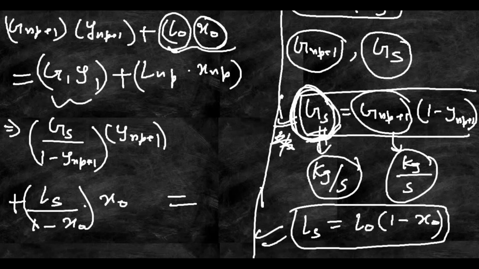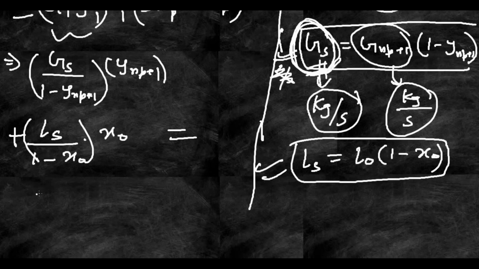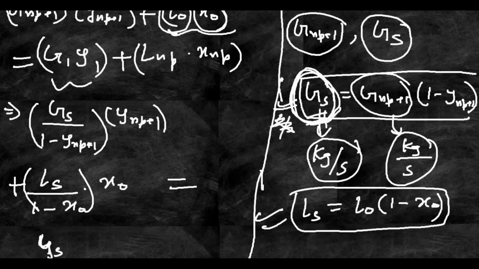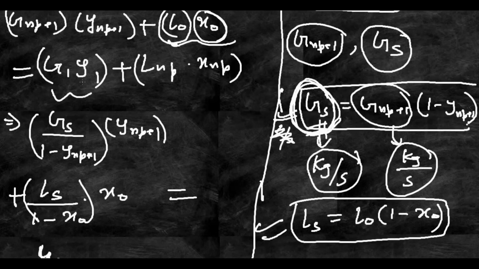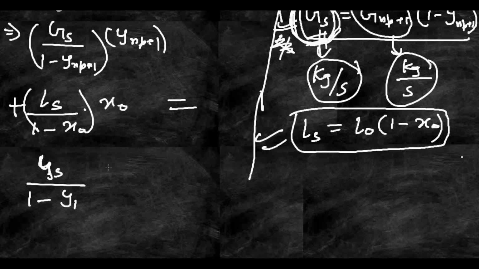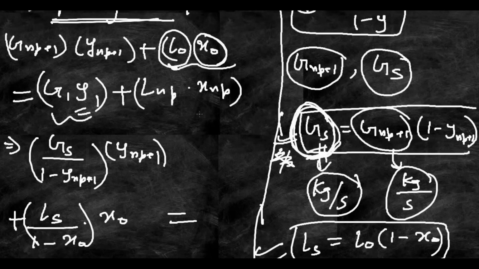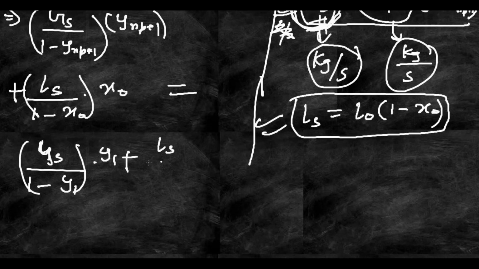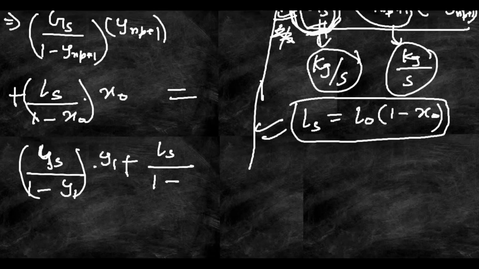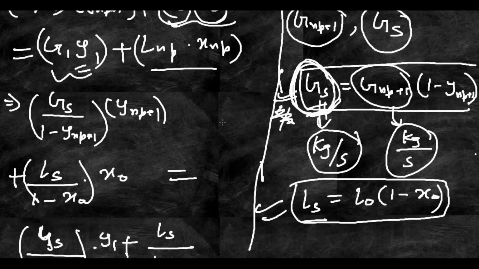G1 will be written as Gs divided by 1 minus y1, and there will be a y1 which I have to multiply. So it will be Gs by 1 minus y1 times y1. Plus I have another term, which is L_{N_P} times x_{N_P}. This L_{N_P} can be written as Ls divided by 1 minus x_{N_P}.